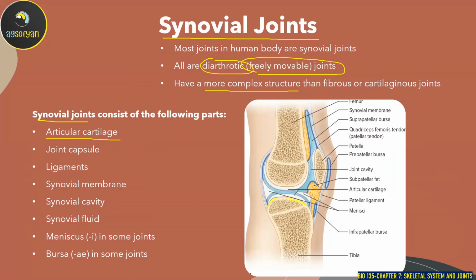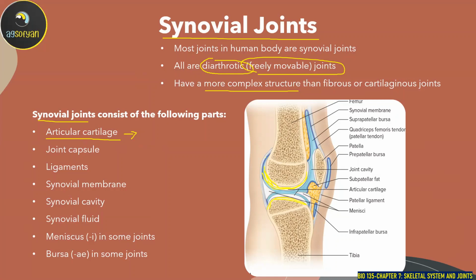I'll make it yellow over here. Each bone at the end will have cartilage. Because it is located in the articulation, in the joint area, it is called the articular cartilage. What's the function of this one? This articular cartilage will reduce friction between the bones during movement.